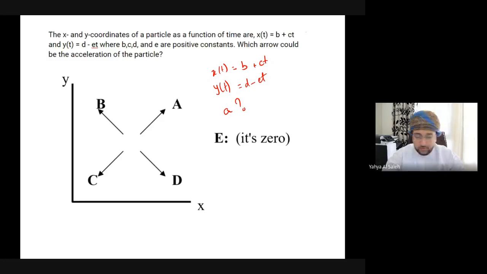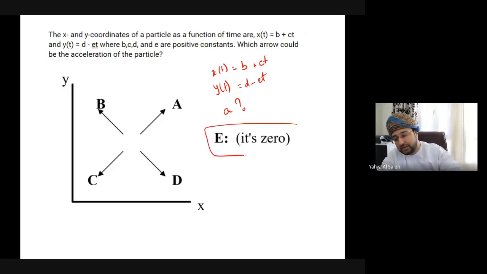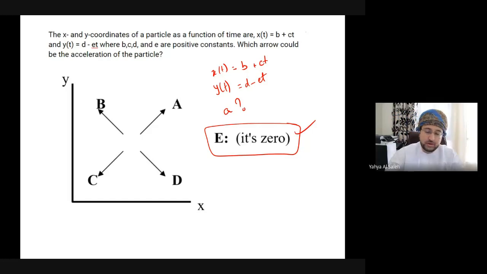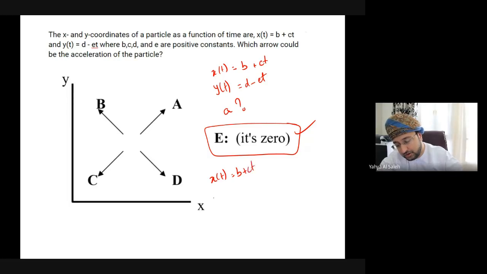Excellent. All of you are correct. The correct answer is E. It is 0, because we differentiate to get acceleration from position. We differentiate 2 times. X of t equals b plus ct. The first derivative becomes just c, and the second derivative, since c is a constant, is going to be 0.